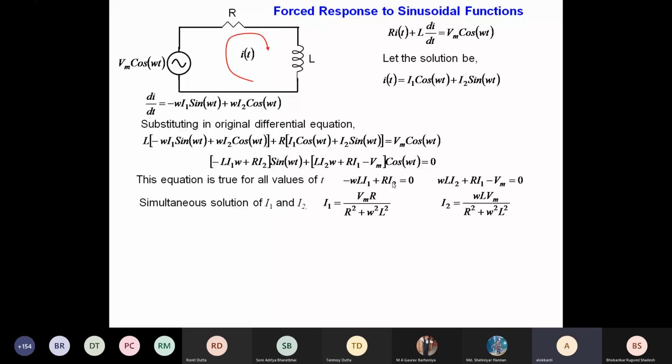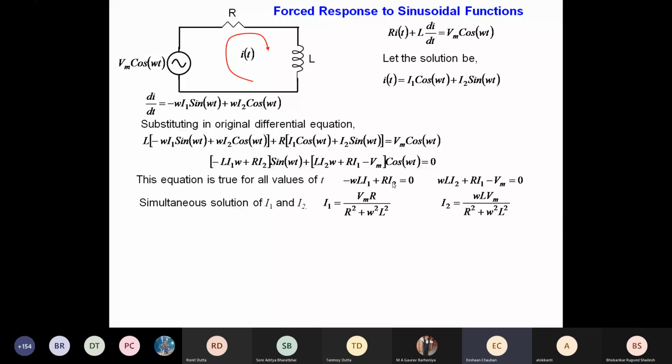Sir, by assuming a solution, are we making components of the original current along the axis? Components means? Sir, we draw a graph like in a phasor diagram.